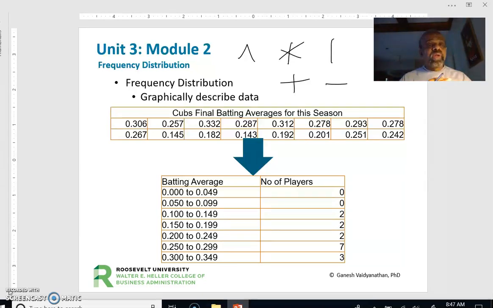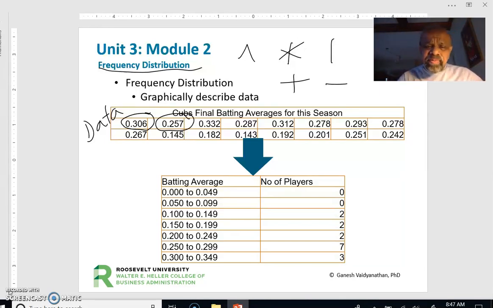Okay, now let's look at what is called frequency distribution. So you have some data. This data basically is the batting average of player number 1 in Cubs. This is the batting average of player number 2 in Cubs, and so on and so forth.